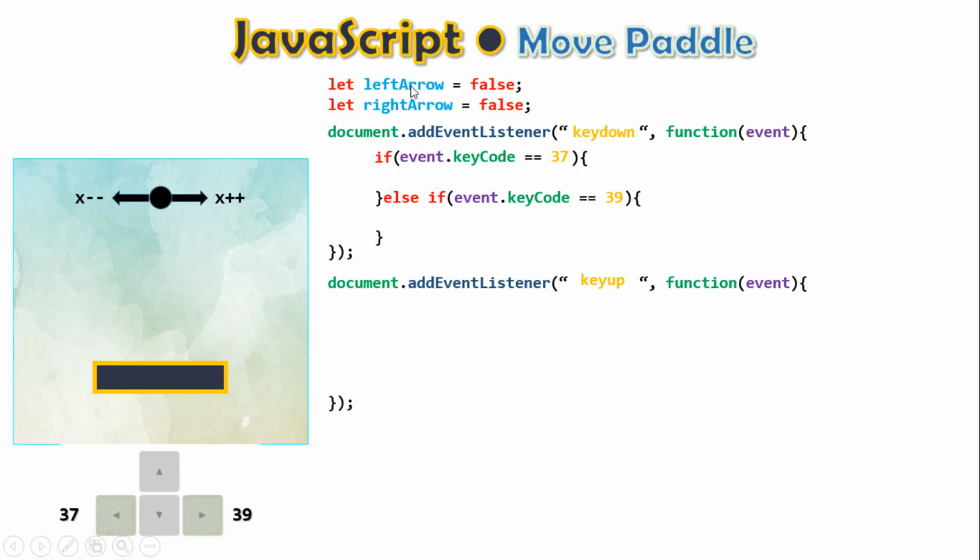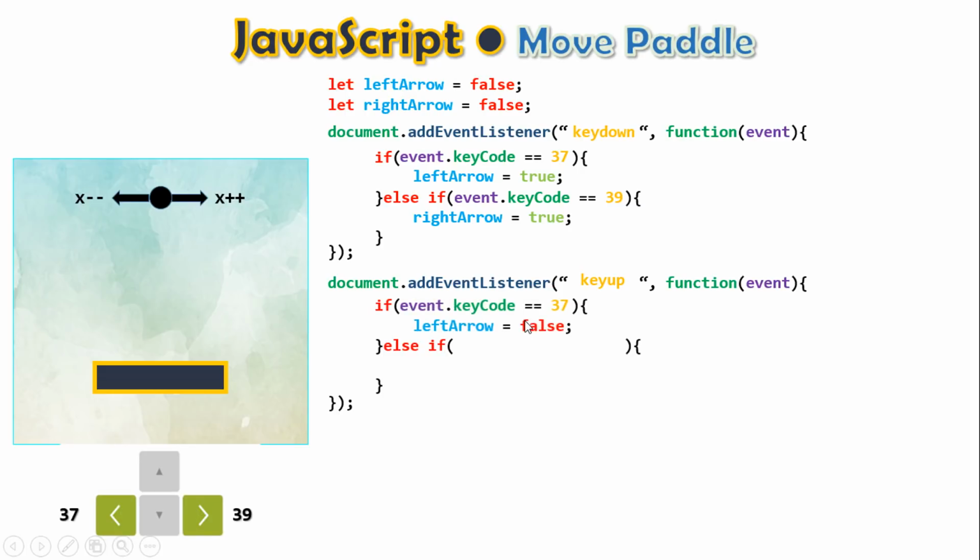This means that the left arrow is not pressed, and setting them to true means that the left arrow is pressed, for example. And also here I would say rightArrow equals true. And here on keyup we need to do the opposite. So we'll say if event.keyCode is 37, we set leftArrow to false because the key is released. Then if the event.keyCode is 39, we set the rightArrow to false.